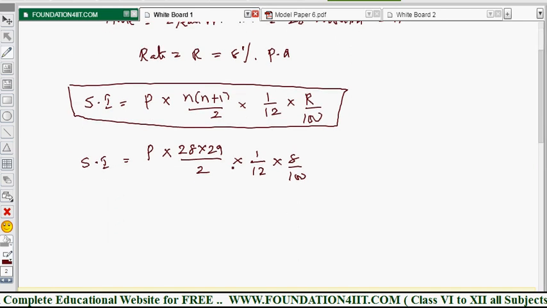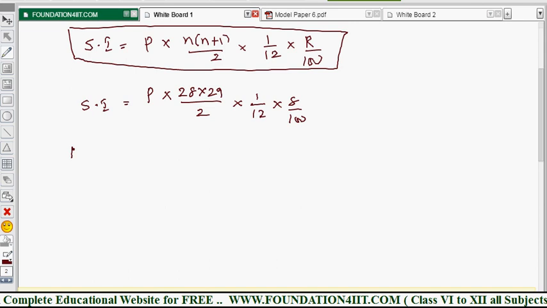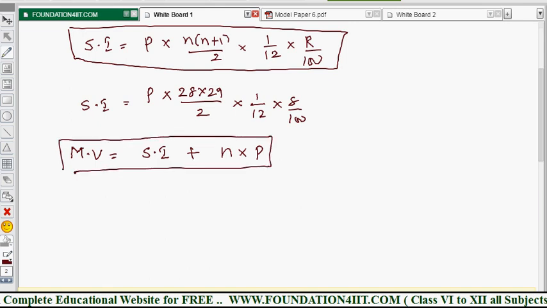So R is 8 by 100. So this is the simple interest. And maturity value, you see the maturity value is equal to simple interest, what are the interest we are getting, plus total investment. So total n months, in n months, every month we spend rupees P. So n into P. Maturity value is equal to simple interest plus n into P. n is the number of months, P is the monthly installment.